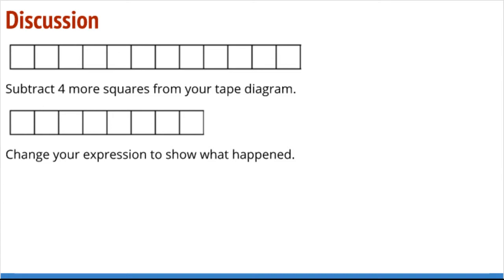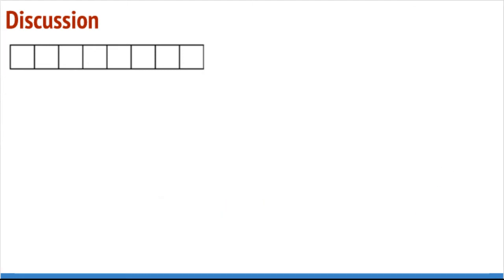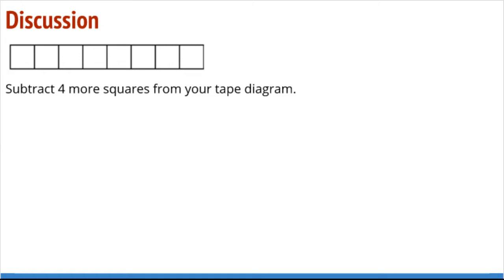Remember, we are continuing on the expression. So we had 20. We took away 4. We took away 4. And then we took away 4 more. So now we've got this many squares. And if you haven't guessed, we're going to subtract 4 more squares from the tape diagram.